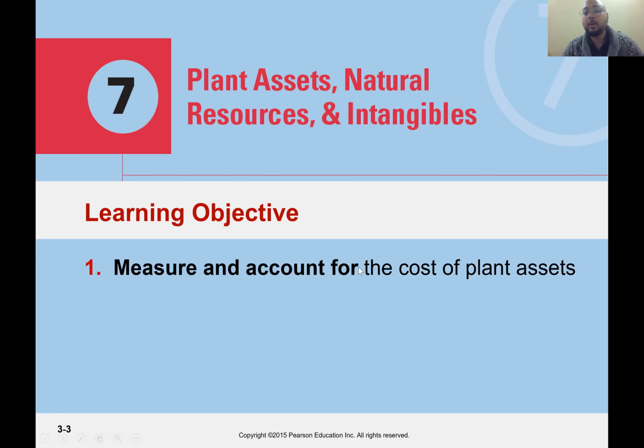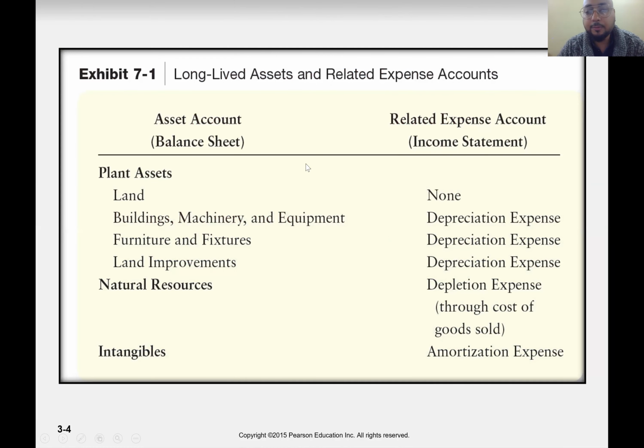First, we will talk about how we are going to account for plant assets. Because they are fixed assets, under plant assets we have land, building, furniture, and land improvements.